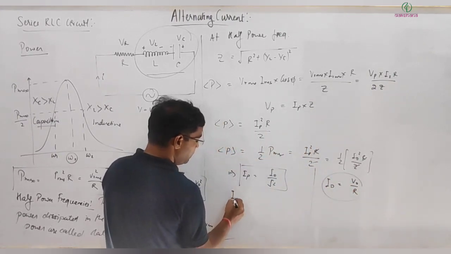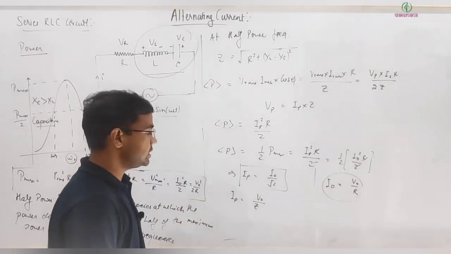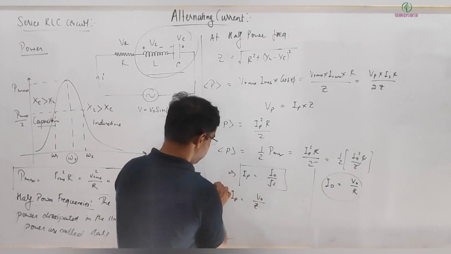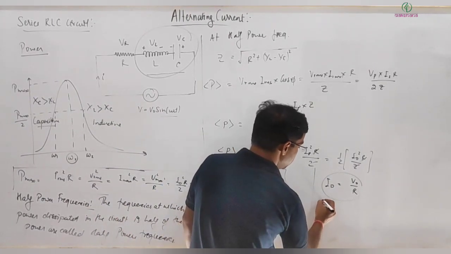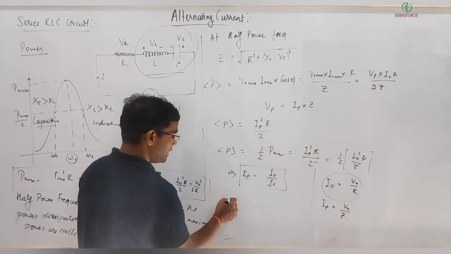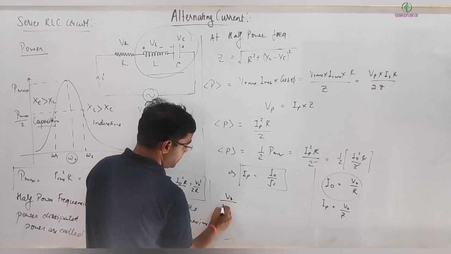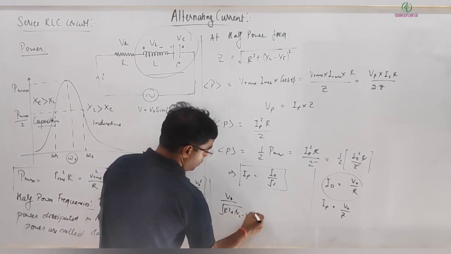But what will be I peak? I peak will be V naught divided by Z. Right? So now if I substitute things there, I peak will be V naught divided by Z. Now I can substitute here V naught divided by Z, which is under root R square plus X_L minus X_C whole square.